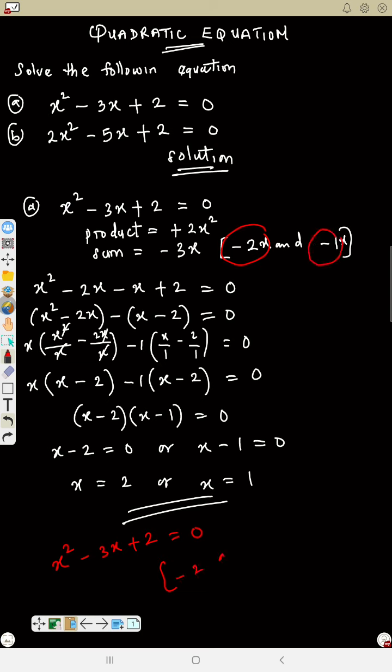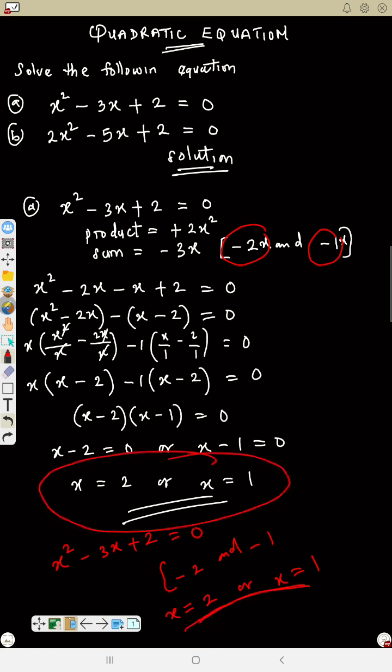So your s: this minus 2 will change to plus 2, or s: this minus 1 will change to plus, that will be 1. So the answer is 2 or 1, which is the same thing as this. So that's the short method. And remember, the coefficient is 1, so it's like saying divided by 1, but it will not change anything.